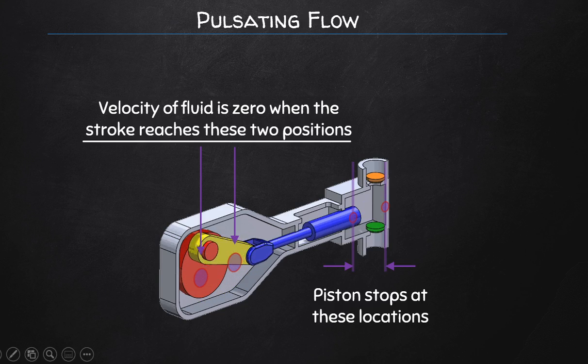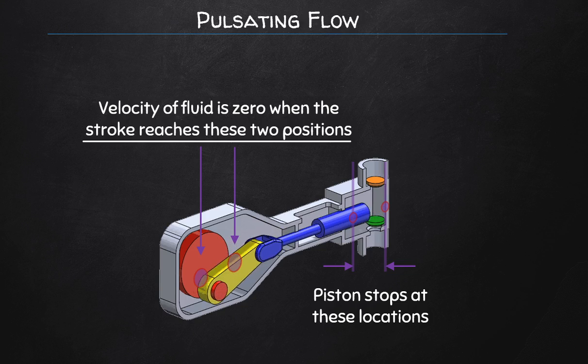Now at certain positions of the piston shown here, the piston stops moving while it changes the direction, as I've said, and in doing so it halts the motion of the fluid also periodically. I mean, think if this is incompressible fluid, it's not going to move much, if at all.